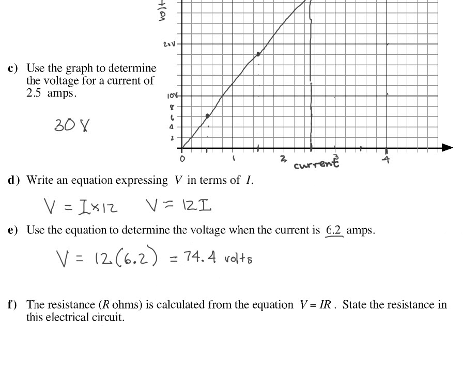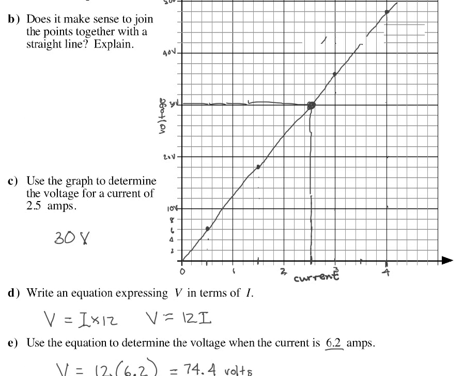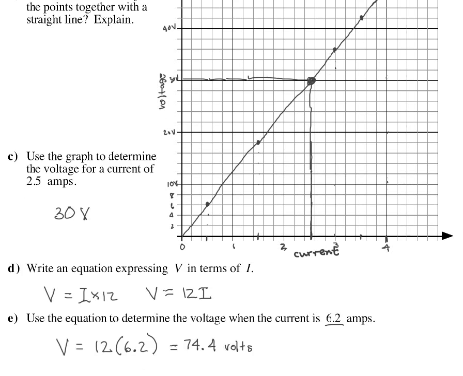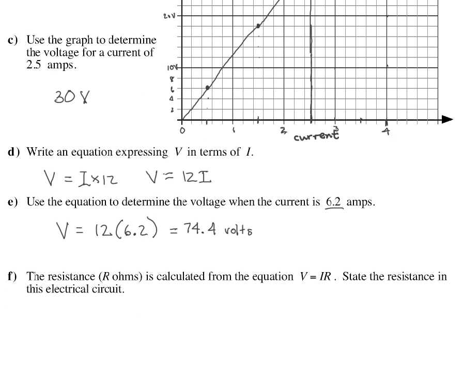Unfortunately, we can't do it here because they're asking about 6.2 amps, and our graph only goes up to 4. If only we'd had more graph paper, and we could track this line a little further, we could follow it all the way out to 6.2 amps, see what the voltage is the same way we did in question C, and see if that 74.4 is correct. But since we don't have a big enough graph, we just have to trust our formula this time.